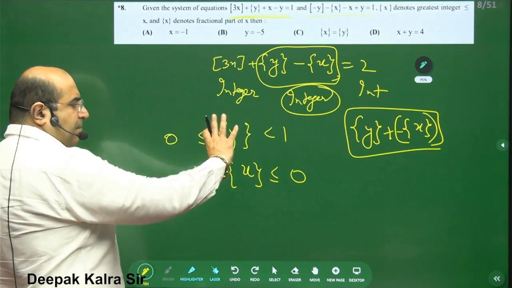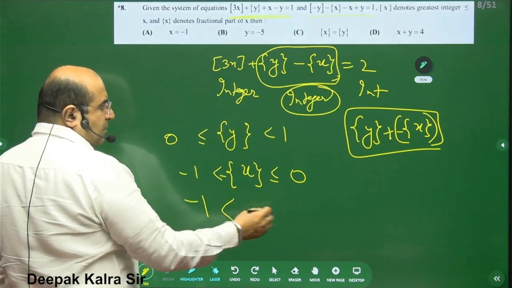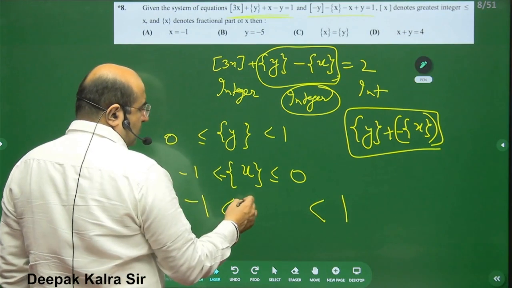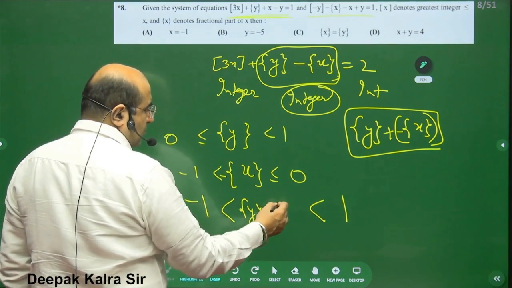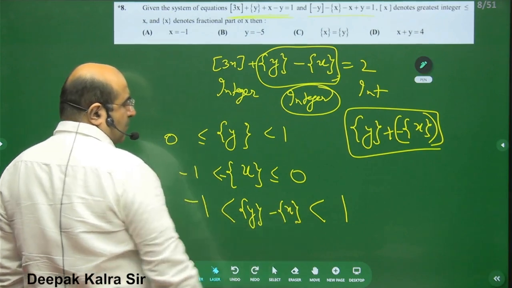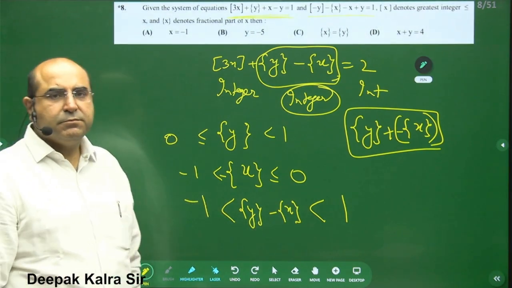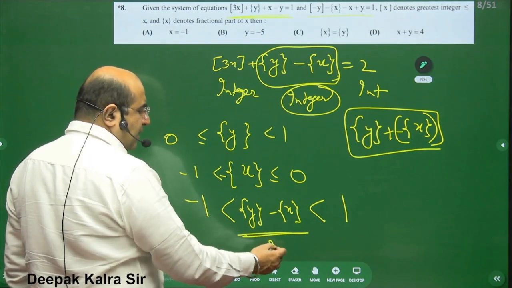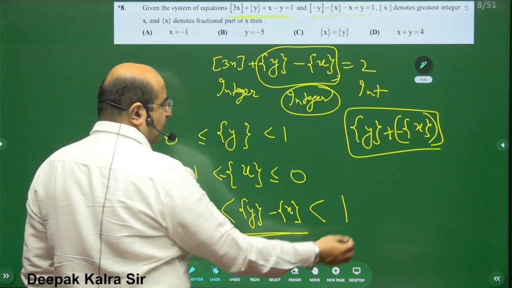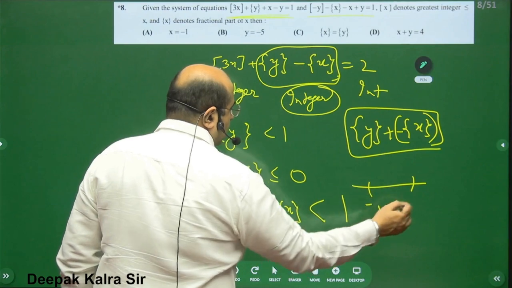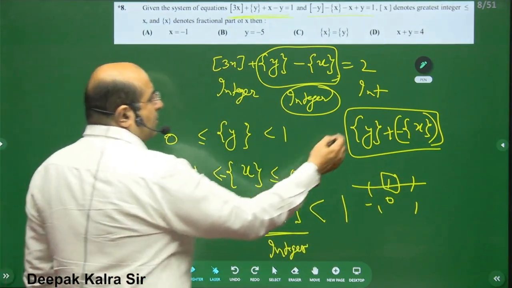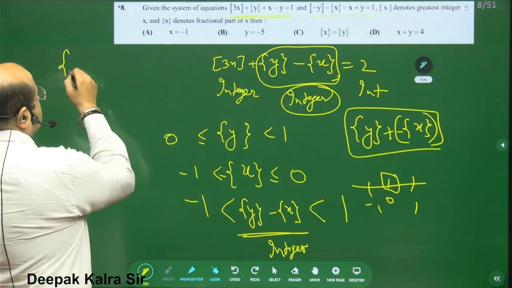Just add them up. The thing will lie between minus 1 to 1. On this behalf, what do you see? An integer lying between minus 1 to 1 is only 0. So this value will become equal to 0.